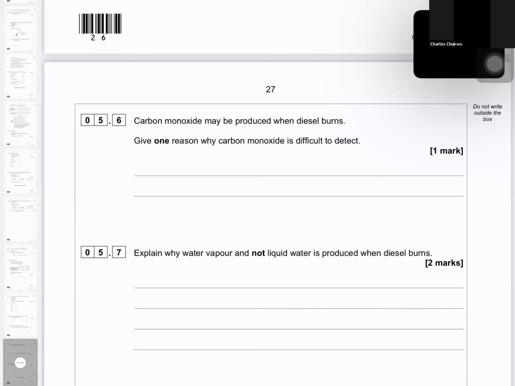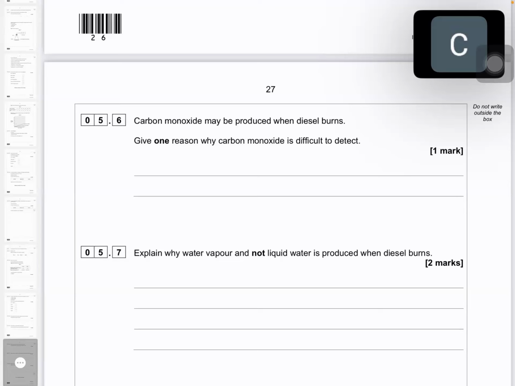You have an idea why it says carbon monoxide is usually difficult to detect? I don't know. Can you hear me now? Yes, I can hear you now.